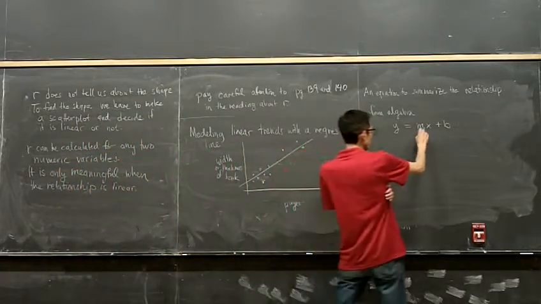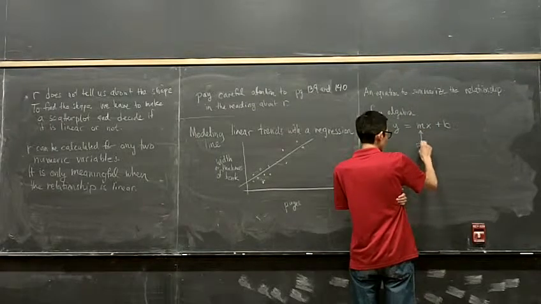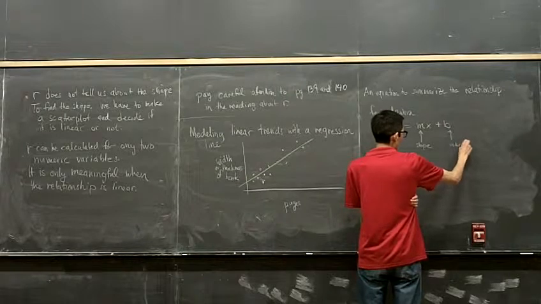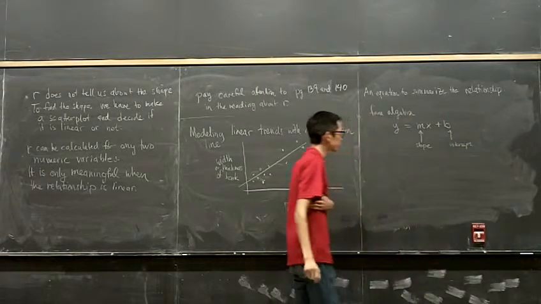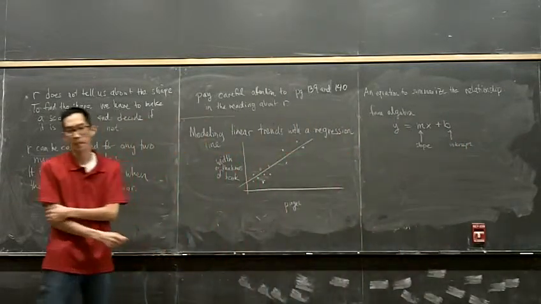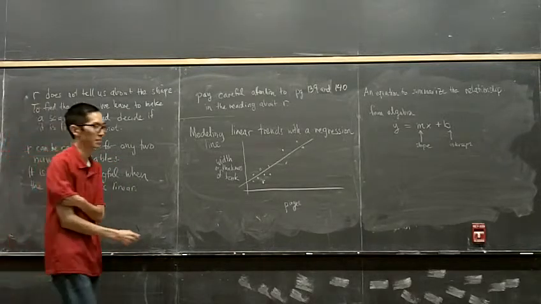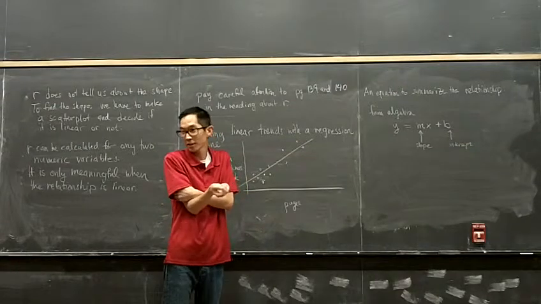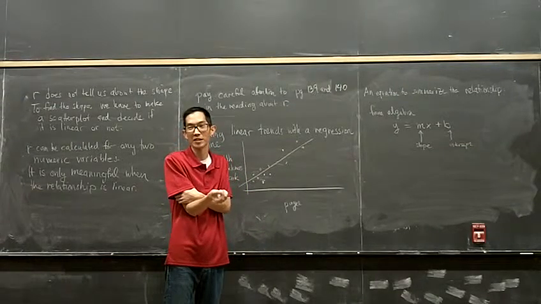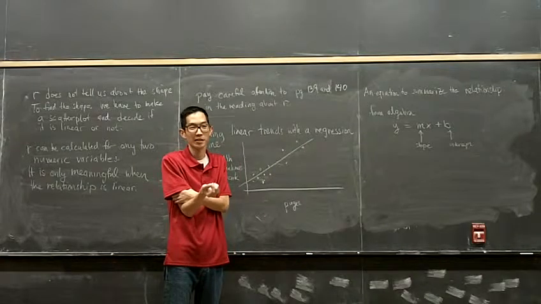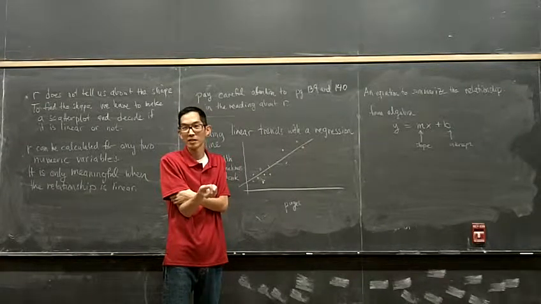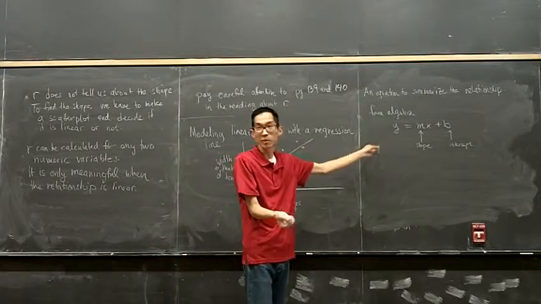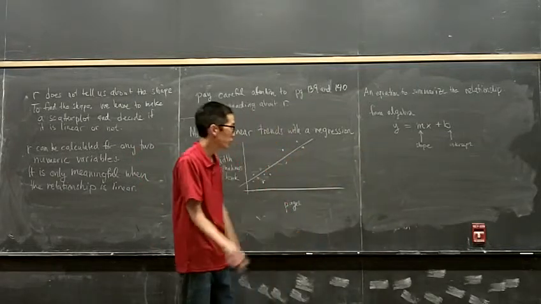And what is b? b is the intercept. Okay? And what is y? It's the value that you're trying to calculate. Okay? And what's x? x is the value you plug in. Okay? So you plug in x and then you get y. This is your equation of a straight line.